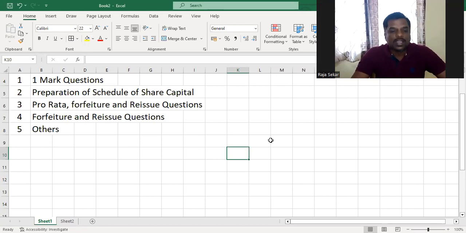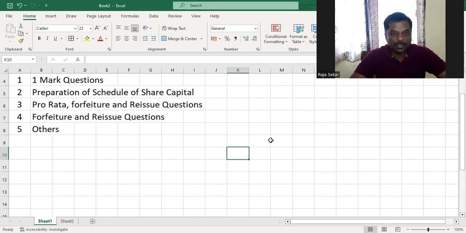So that is easy. Then they tell you to prepare the schedule of share capital of a company in its balance sheet according to the Companies Act 2013. It's usually a 4-mark question, and you will find this question in every question paper. I did not see a single question paper without this 4-mark question, the preparation of the share capital schedule.